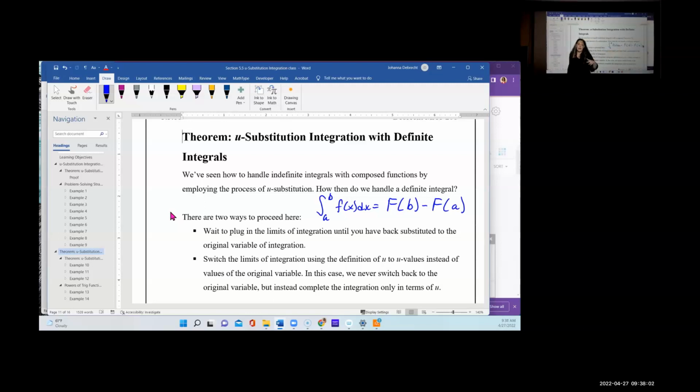So we actually have two options for dealing with this. One is to get the antiderivative function in terms of u, then go back to the original variable, in this case x, and then after you've returned it to x, substitute the limits of integration since they would also be x values.